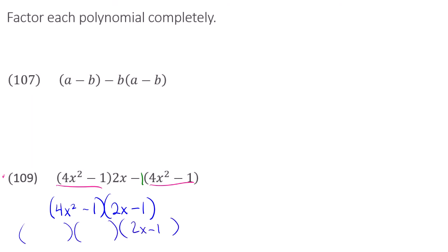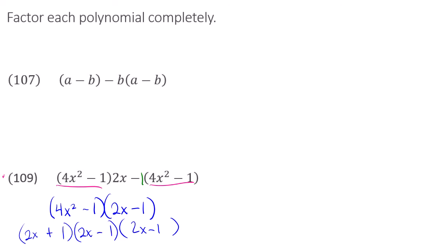So I'm going to bring down the 2x minus 1, right? That's just going to come down because it can't be factored anymore. Take the square root of 4x squared, and that gets me 2x. So I'm going to put 2x here, 2x here. Take the square root of 1, and that's going to be in the second position in each of those binomials. And then since it's a difference of 2 squares, we're going to put a plus and a minus, and that's it.